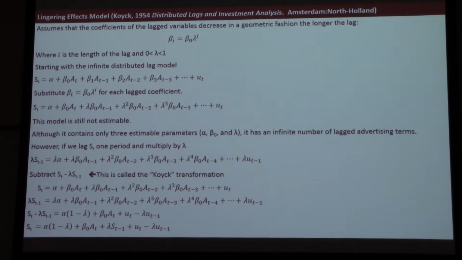I get excited about this stuff. So the Koyck transformation actually eliminates serial correlation if it exists in the model, which is actually pretty cool.